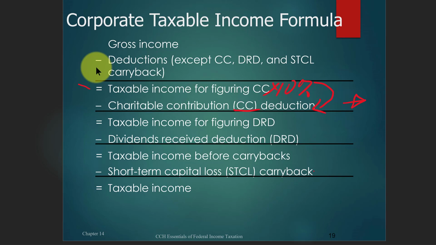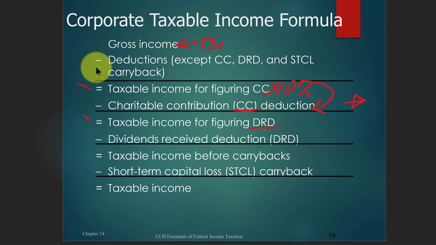So we end up now with the next taxable income to determine how much we can deduct as a dividend received deduction. Keeping in mind here in the gross income are all the dividend incomes our corporation has received. But now we can possibly subtract out a deduction based upon the percentage ownership we have in the paying corporation.